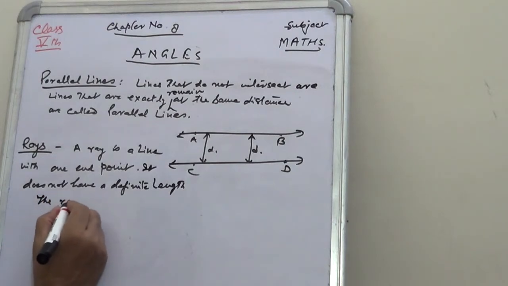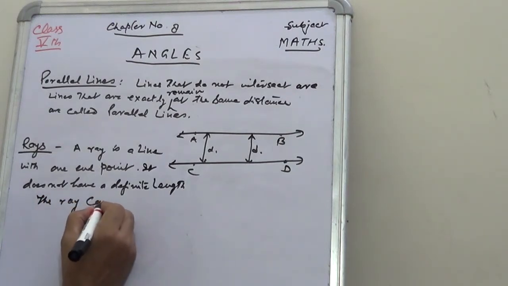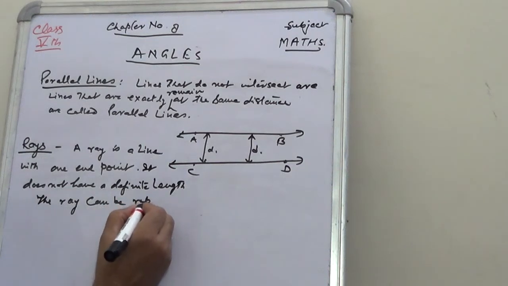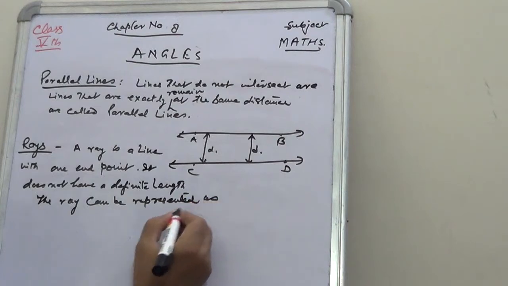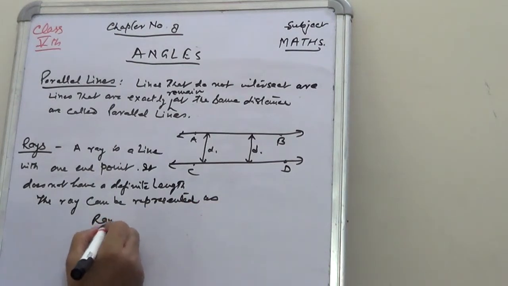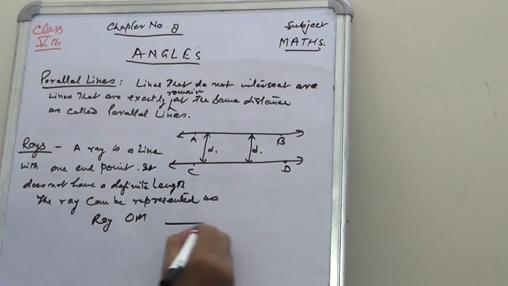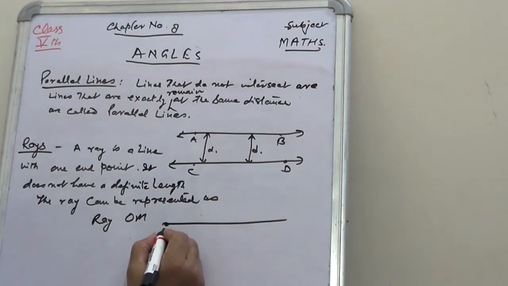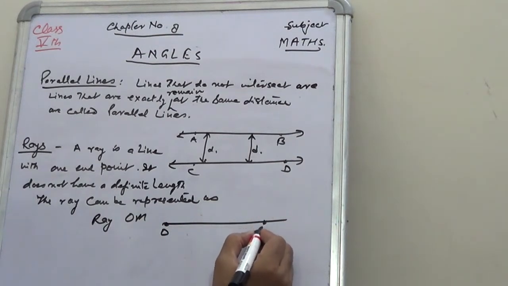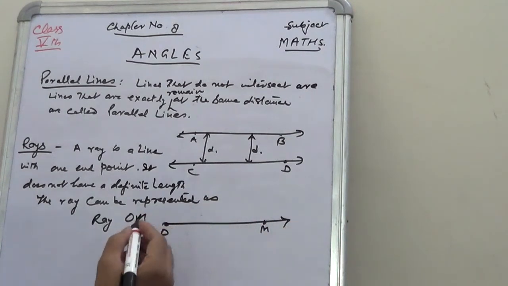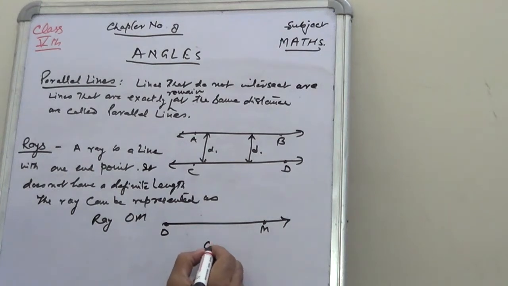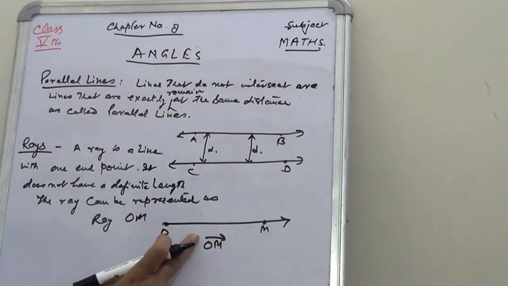The ray can be represented as, suppose, ray OM, with O. And as I have told you earlier, this is written as an arrow to one side and one end point on the other side.